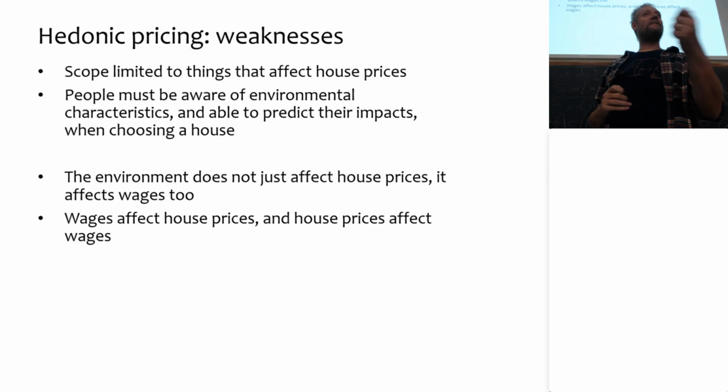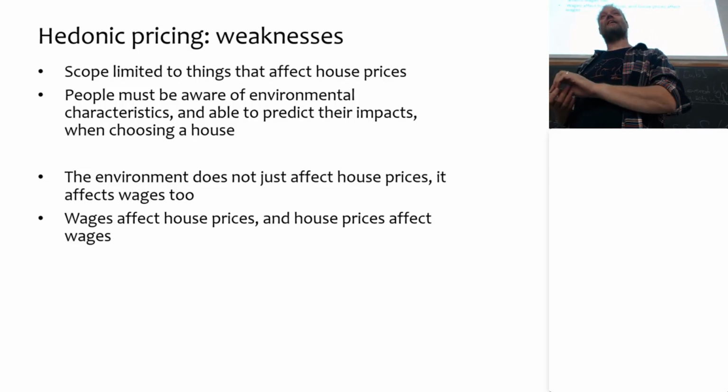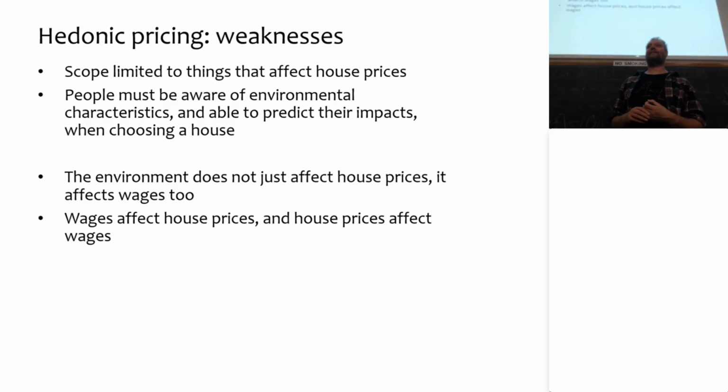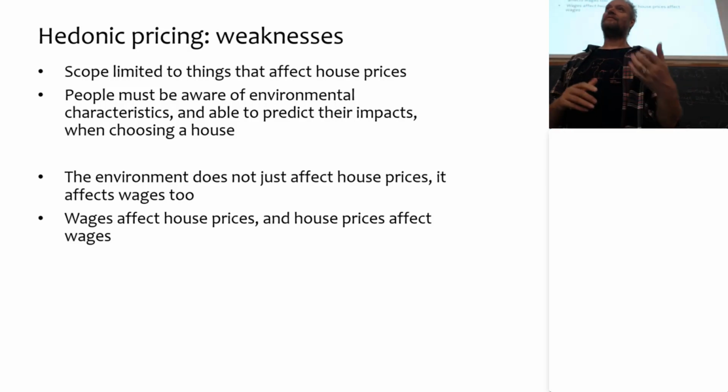But it seems to be that the market is exaggerating this signal and the house price drop is steeper than what you would think the actual risk to these properties are.